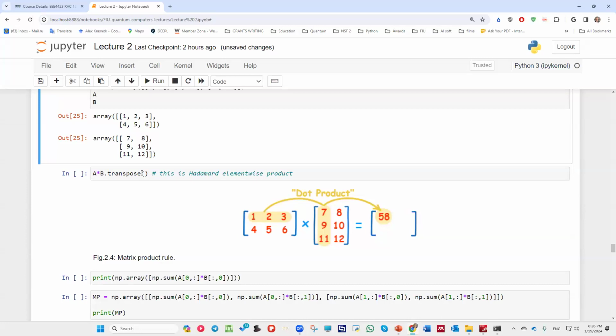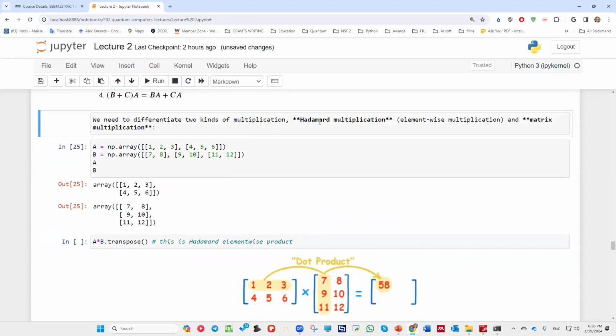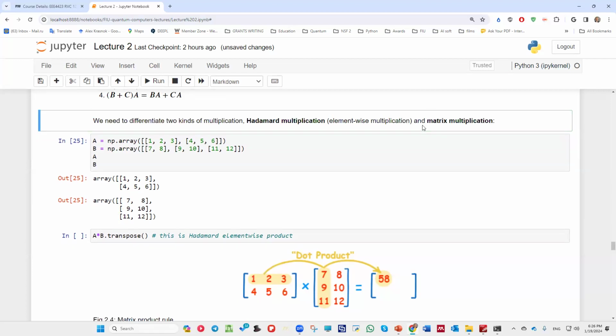And having the matrices like this, I can multiply them. The first way to multiply matrices is the so-called Hadamard multiplication, or, as you're probably more familiar with, element-wise multiplication. This is basically just multiplication of each corresponding element of each matrix.